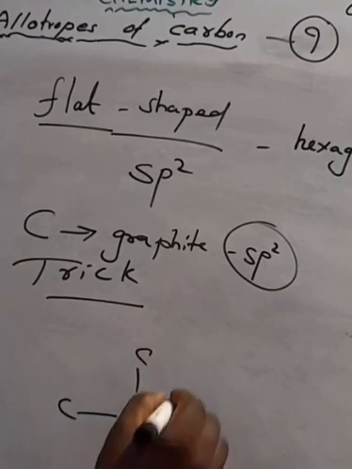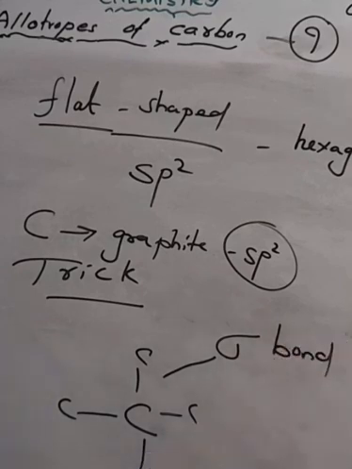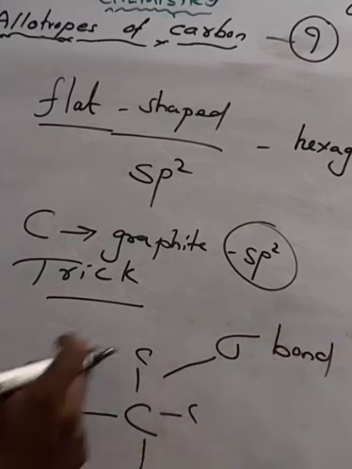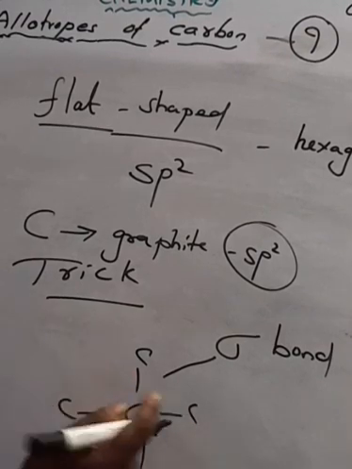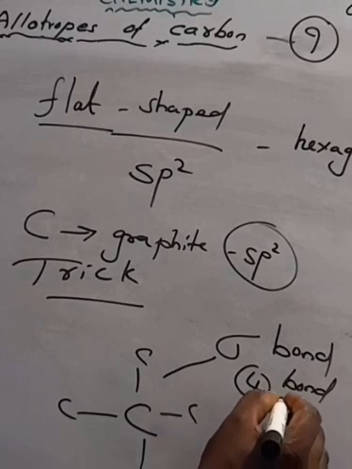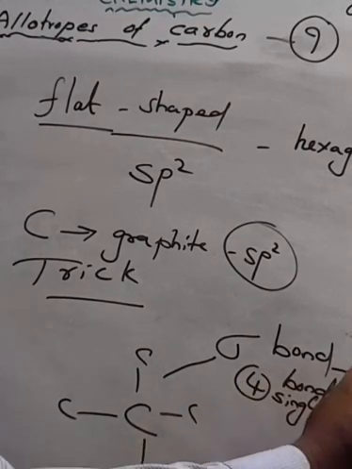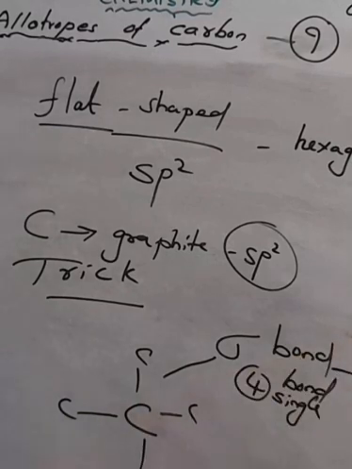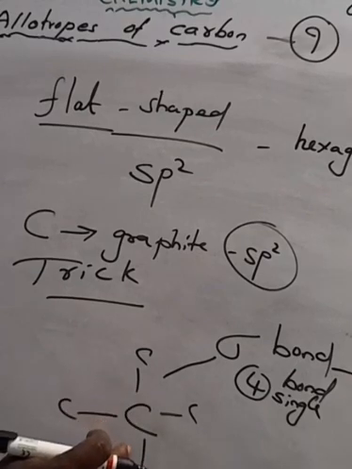Suppose the carbon atom is surrounded by 4 different atoms. 4 different carbon atoms means carbon has 4 bonds, am I right? This we call sp3 hybridization, because of having only single bonds. Here single bond, single bond, single bond, single bond.